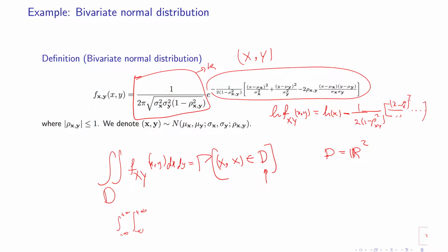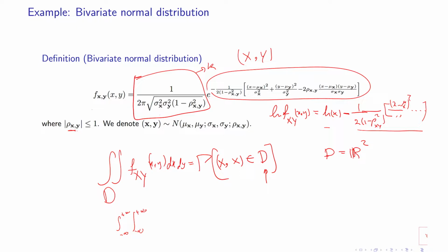So what you see is that the logarithm of the PDF is a constant plus a second order polynomial of x and y. Except x and y, everything else is a constant number. So I could say that a bivariate normal distribution is a distribution whose logarithm is a second order polynomial. Rho is the correlation coefficient, which shall always be smaller than 1. We'll prove that in future.